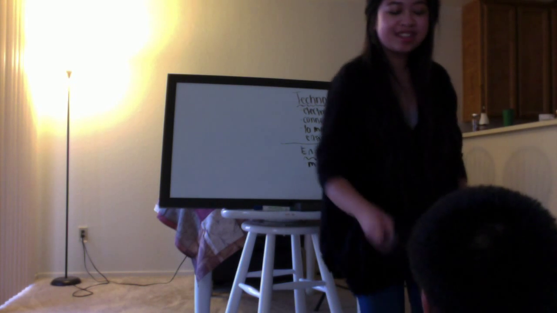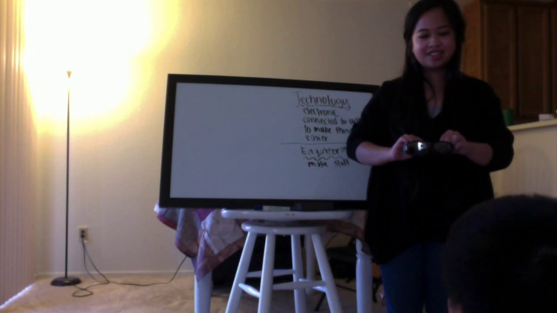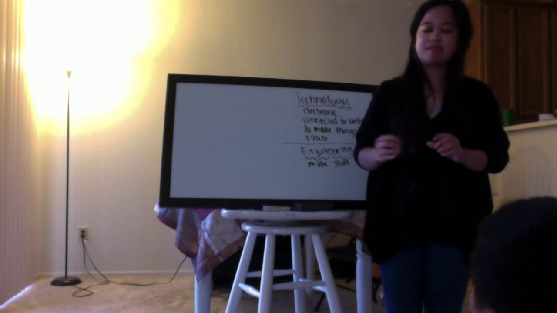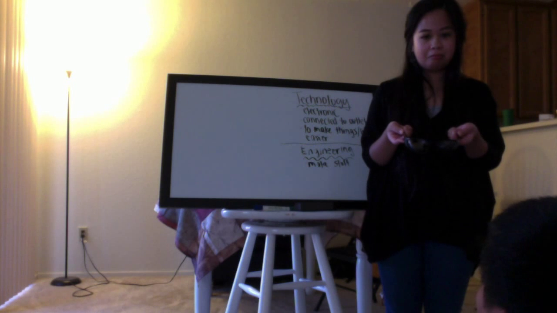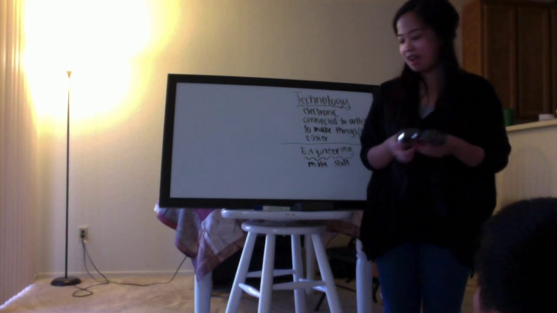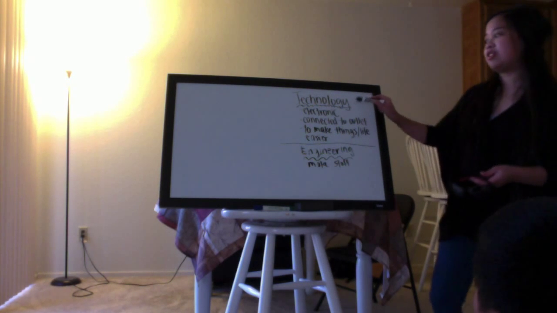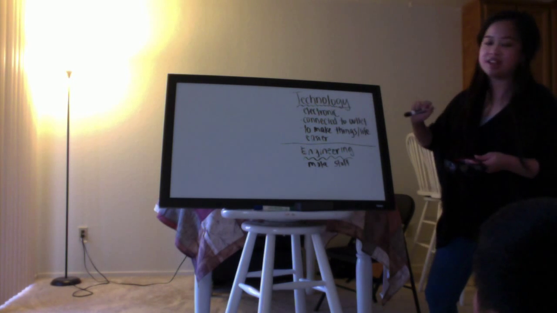Are you surprised that this is considered technology? Yeah. Why? It's just plastic sunglasses. Why is it surprising? Because it's not electronic. Yeah, let's go back to our definitions. We said technology needs electronics, or it can be an electronic.